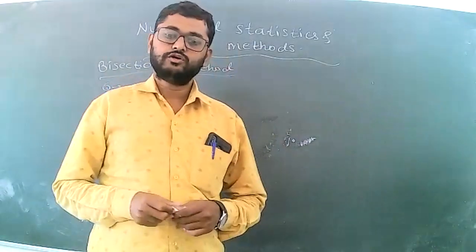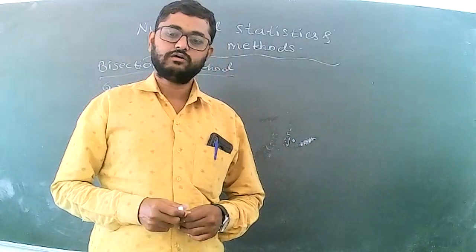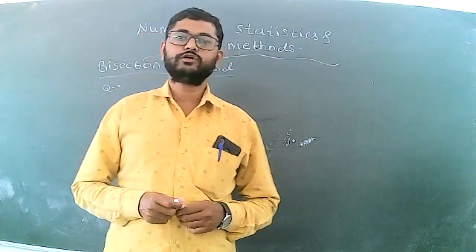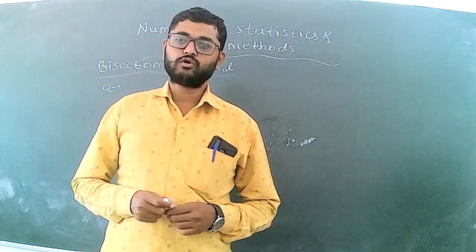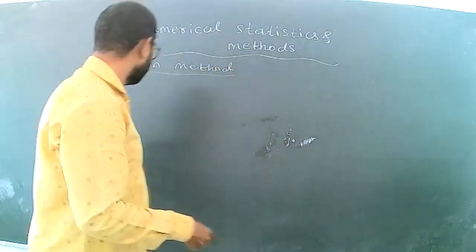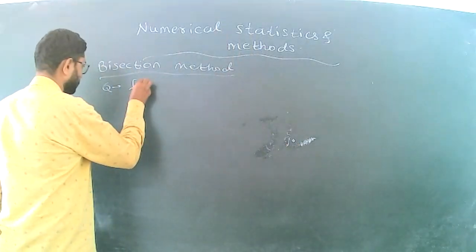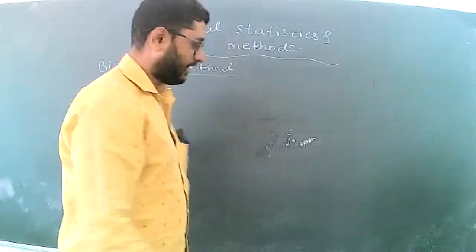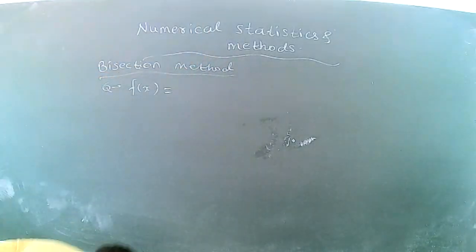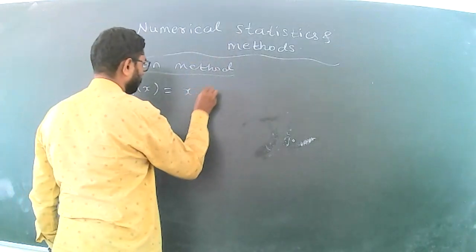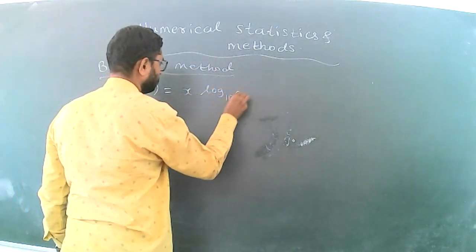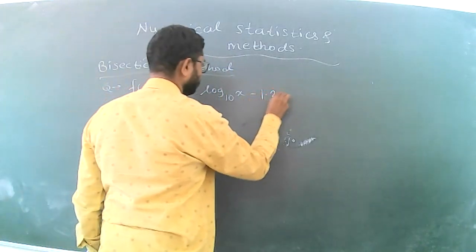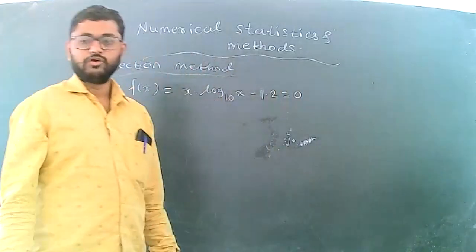The question is: determine, using the bisection method, a root of the equation x log x minus 1.2 equal to 0 up to 4 iterations. So the function is f of x equal to x log x minus 1.2 equal to 0.